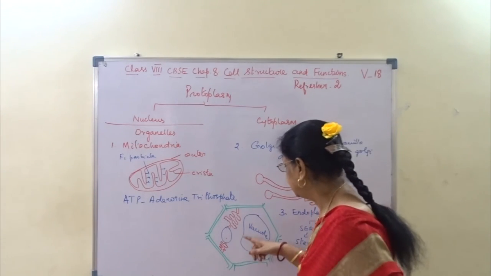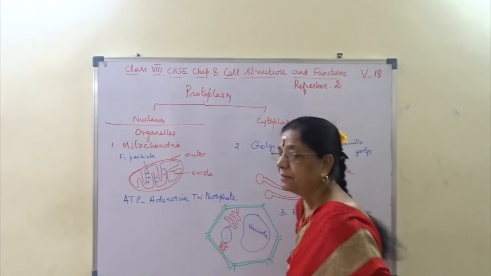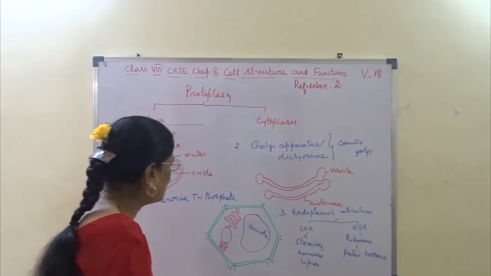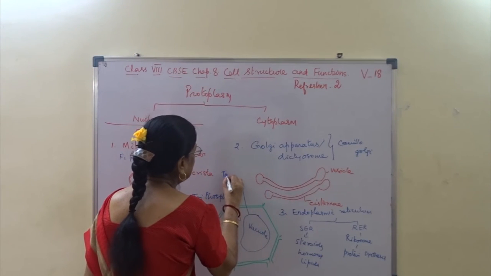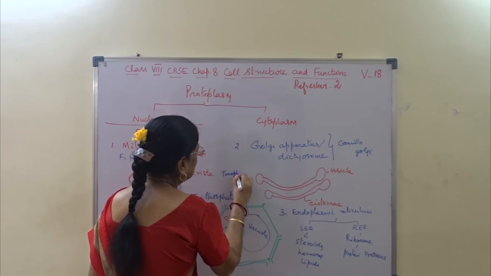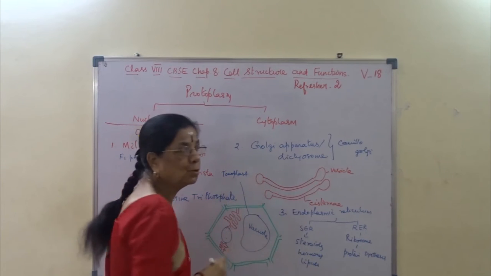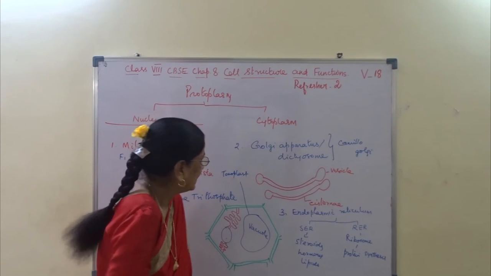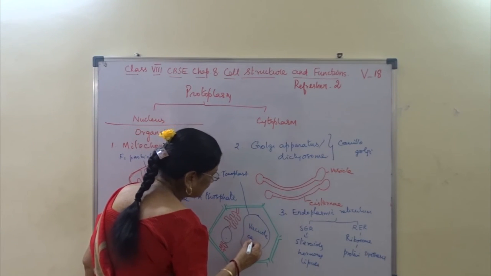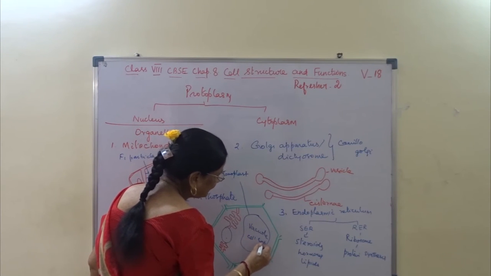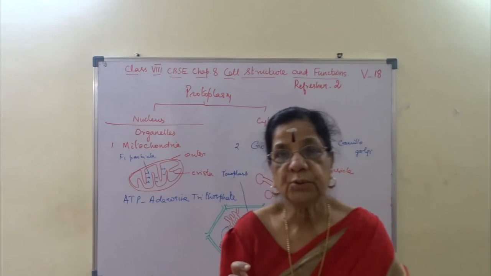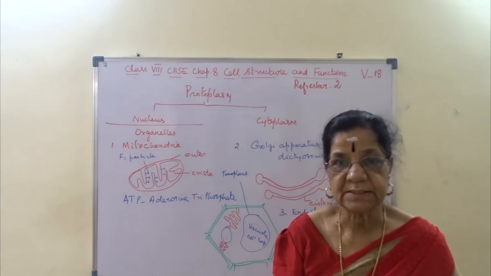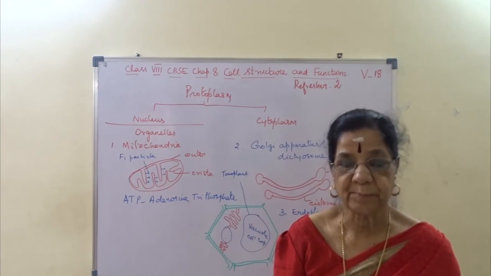So the lining layer of the vacuole is called tonoplast. And it encloses cell sap, the fluid containing nutrients.